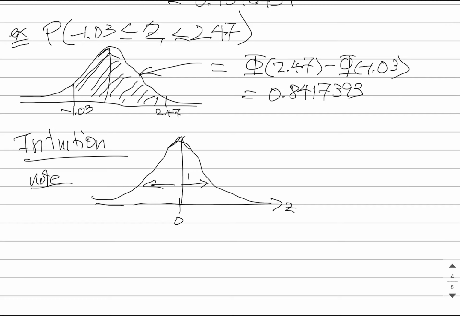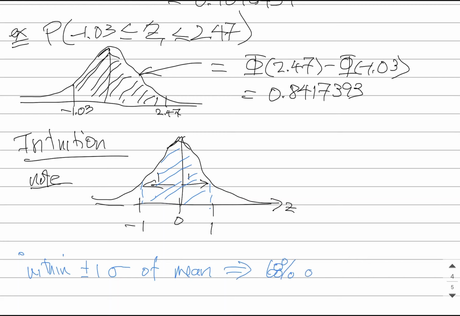There's a lot of math that you can do to talk about the shape of this curve. You can use all the things you've learned in Calc 1 to talk about increase, decrease, concavity, etc. But none of that is really important to us here. Within plus or minus 1 standard deviation of the mean, it will turn out that we get about 68% of the area underneath this curve.